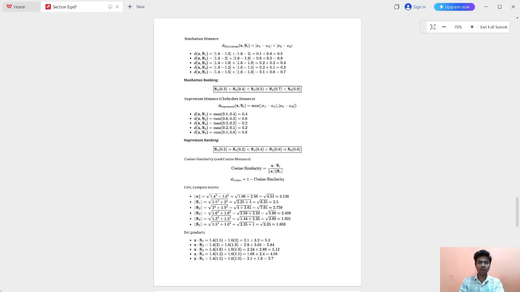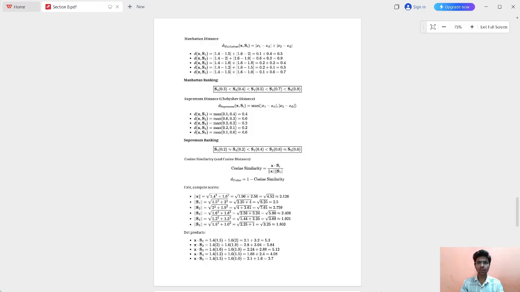Manhattan distance says that the Manhattan distance between x and si equals |x1 minus si1| plus |x2 minus si2|.